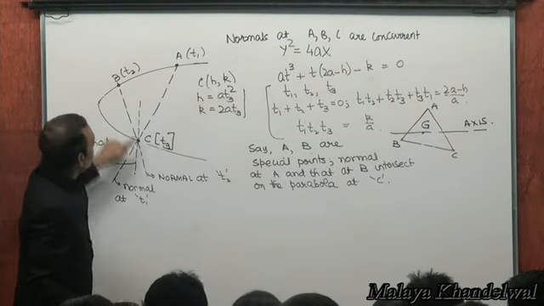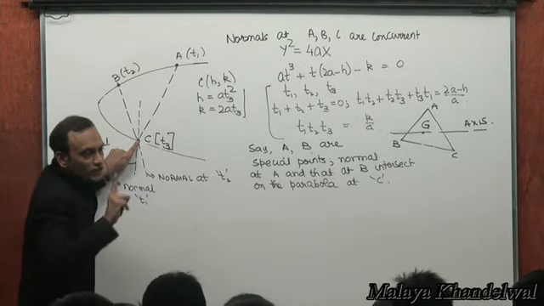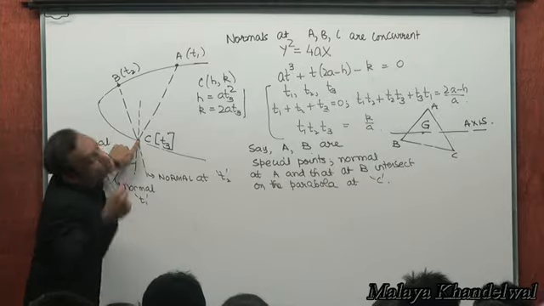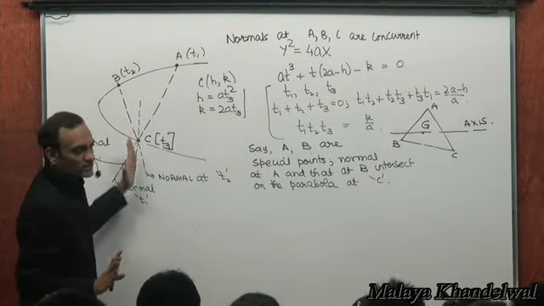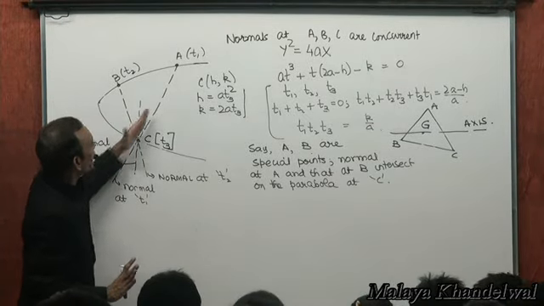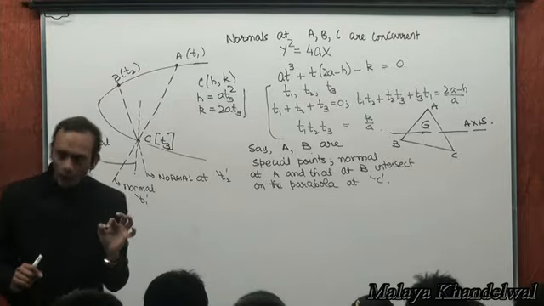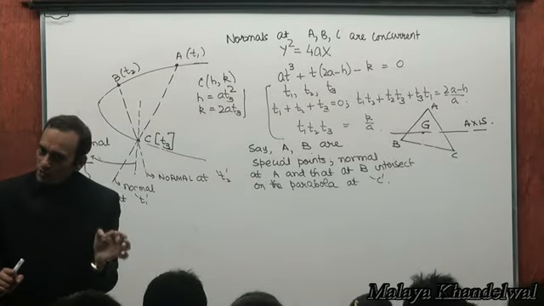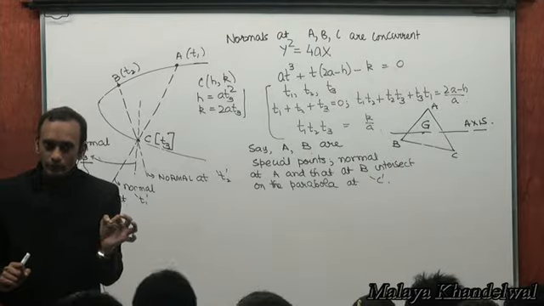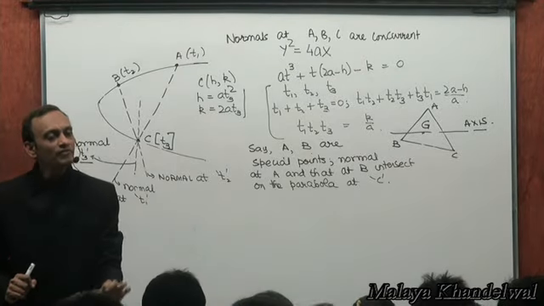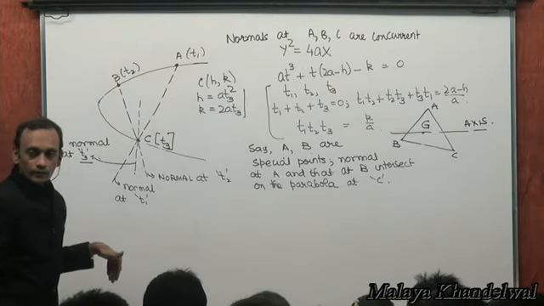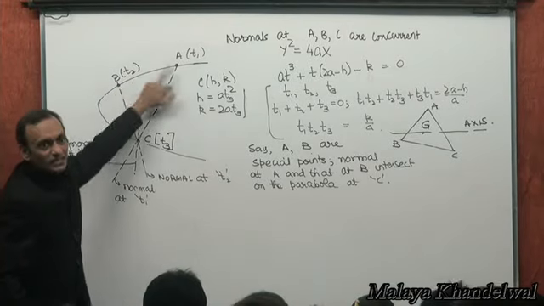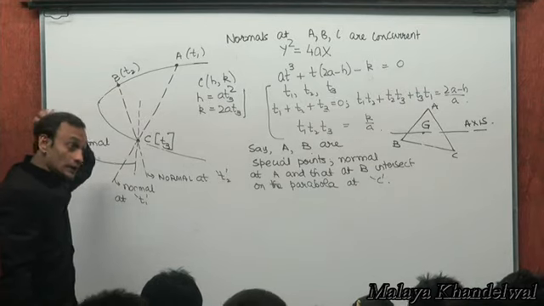T1, T2, T3 are the feet of the 3 normals drawn to the parabola from C. Yes, from C, look, I draw a normal at C, I draw a normal at B, I draw a normal at A. So from the point C on the parabola, three normals could be drawn. One at the point itself, one at some point A, one at some point B. Such would be A and B. Clear?